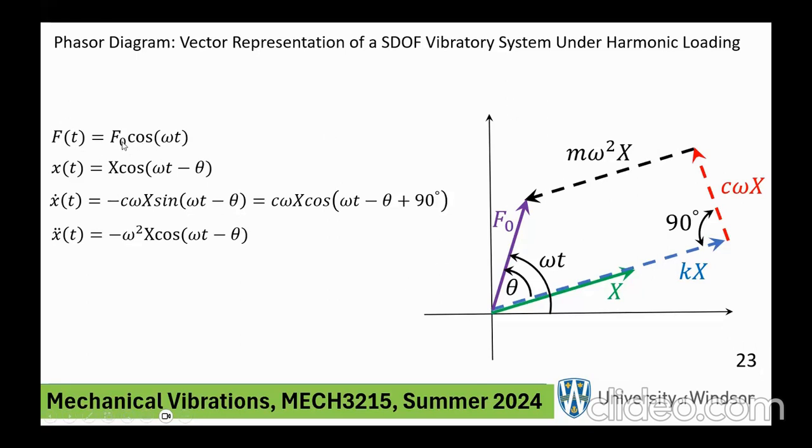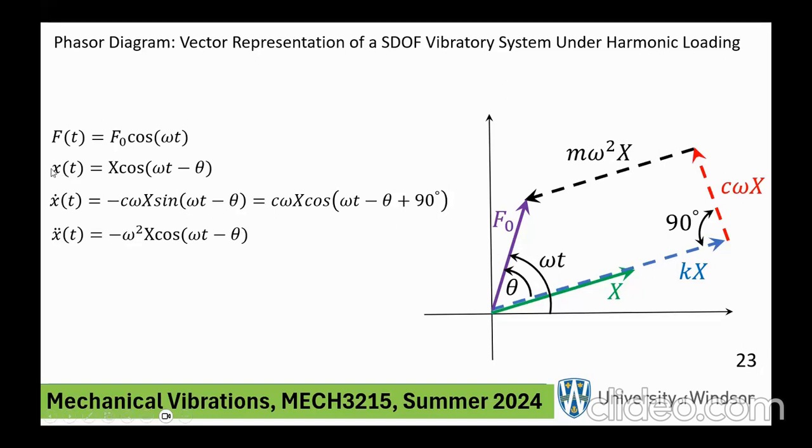Notice that it has amplitude F naught, this purple one, magnitude F naught, and it has angle omega t with the x-axis right there. As time gets bigger and bigger, this purple vector F naught begins turning and turning and turning. So you give me t, I have an F naught of a given magnitude, and a position which is determined by the time that you gave me times omega.